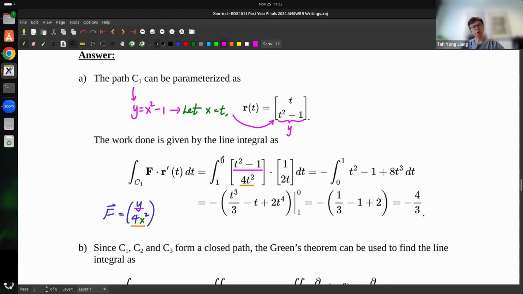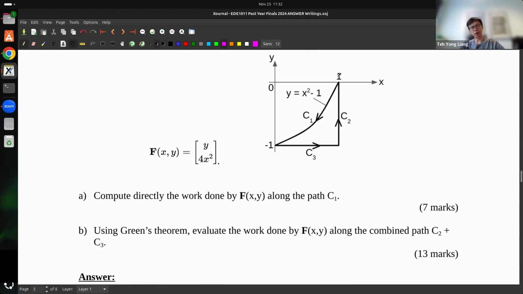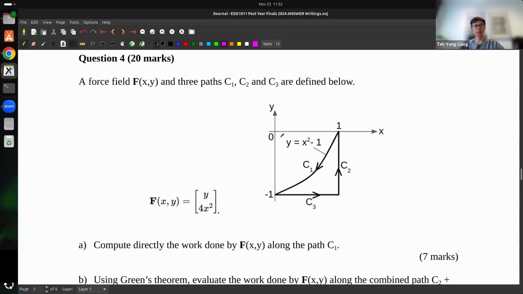Why is it 1 to 0? Because you have to look at path C1. C1 is going from x equals 1 to x equals 0 to follow the arrow direction. That means the start point here is t equals 1. But why is t equals 1?